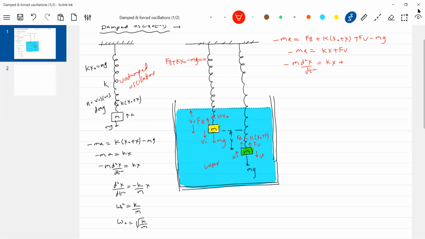This entire viscous drag I'll write as b into v, where b is called the damping coefficient and depends on the shape of the body and the nature of the liquid.